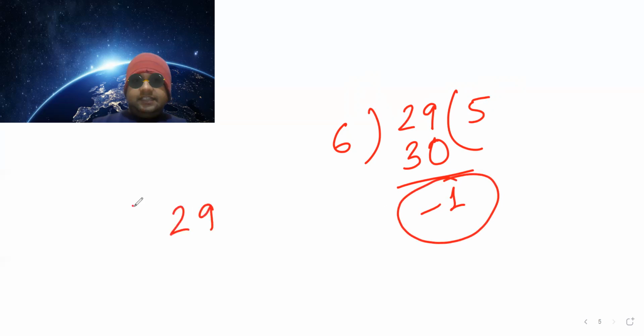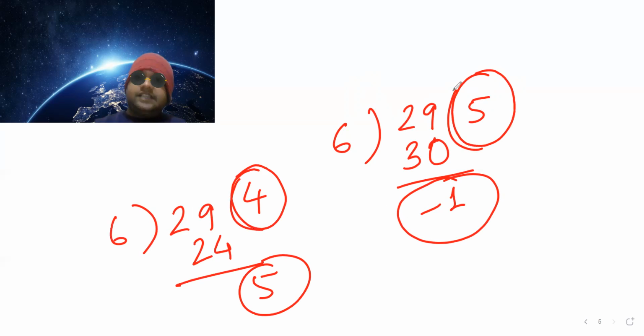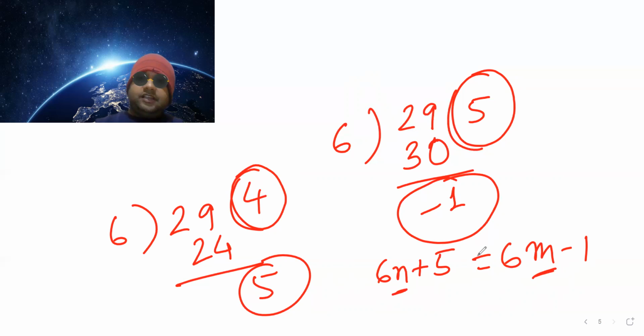Same number 29, when we divide by 6 four times, the remainder is 5. So basically 5 and -1 are the same remainders. What changes is the divisor, the factor. Which is why 6n plus 5 is equal to 6m minus 1. The values of n and m will differ, but for some values, a remainder of plus 5 is equal to a remainder of -1. And this applies for all the other numbers also.